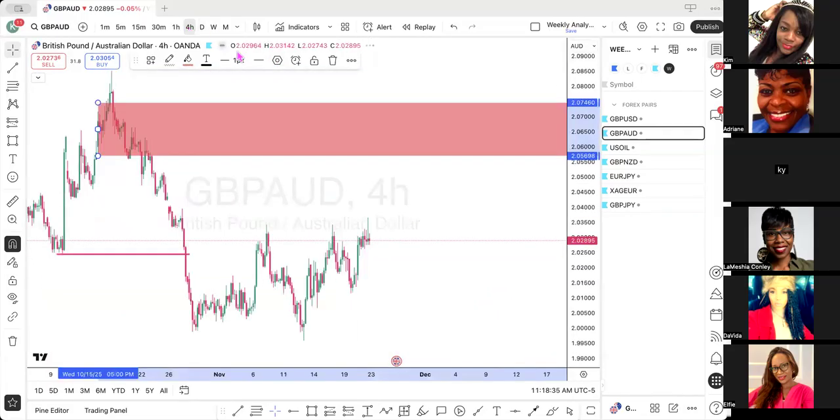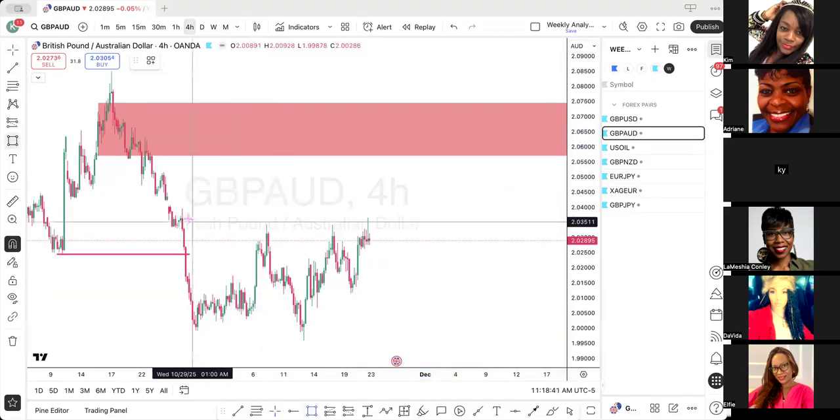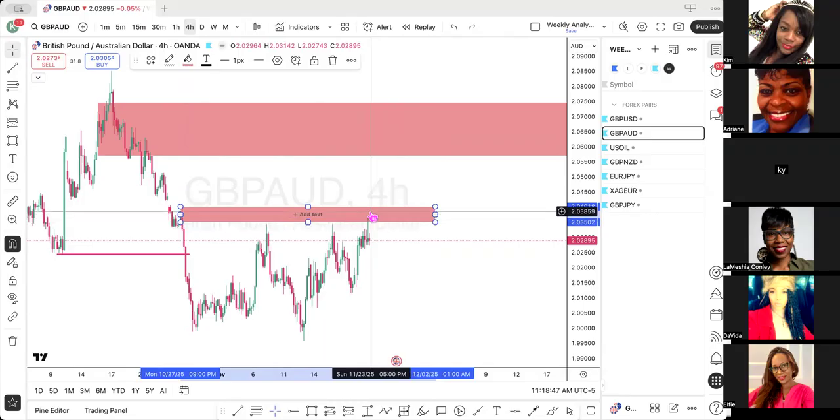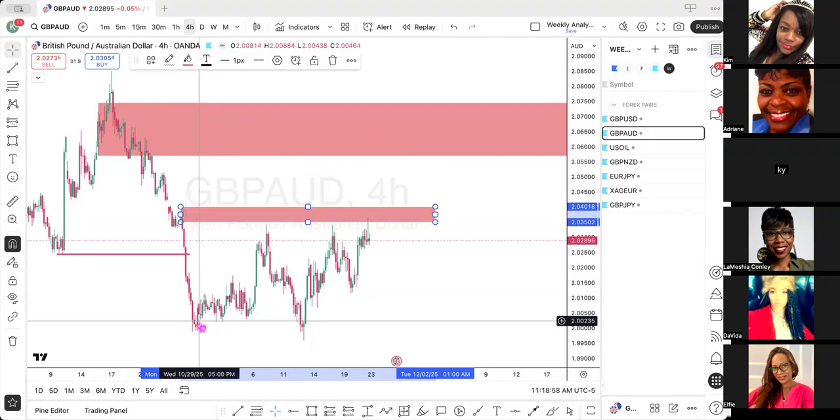Let me see on the 4 hour. So this was the last structure here. This was the supply zone price tapped into. So price could possibly start shifting to the downside, just based off of this internal structure right here.